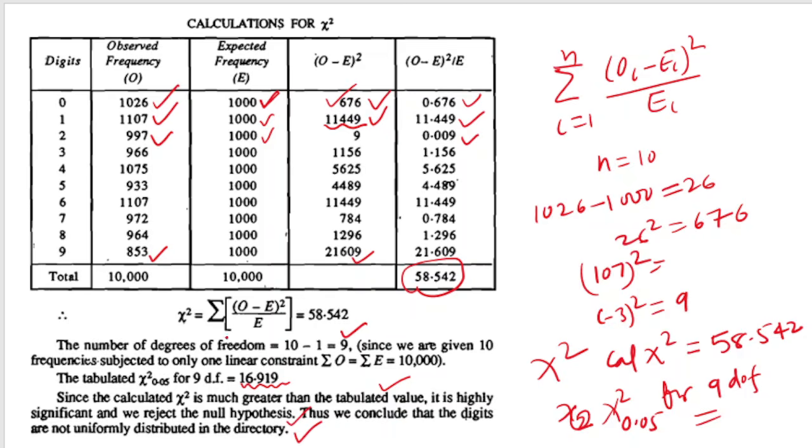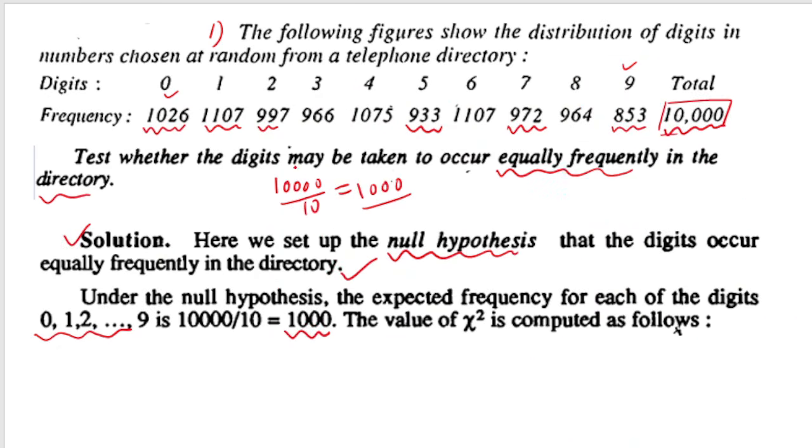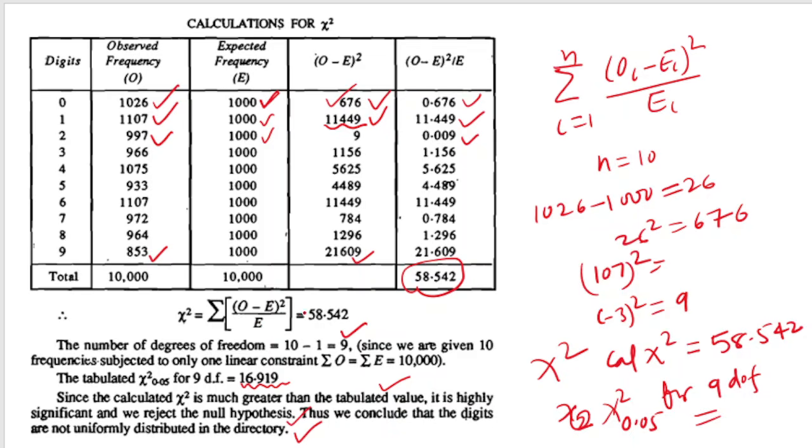The null hypothesis was that digits are equally distributed, meaning each of them occurs with equal frequency. But as per the chi-square test statistic, we are getting a value which is significantly higher than the chi-square value for 9 degrees of freedom. That is why we reject the null hypothesis and conclude that digits do not occur equally frequently.